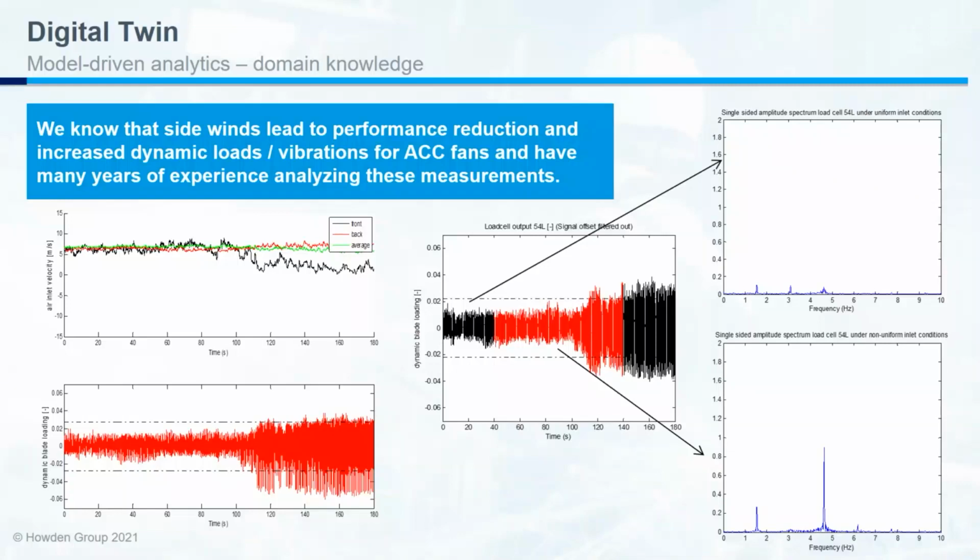What you see on the screen is the effect on the loads of the blade as the wind increases. Typically side winds lead to distorted inlet airflow, which you can see on the top left of the screen. This leads to increases in dynamic blade loading and also vibrations. On the right, you can see that the increase in blade loading due to a distorted inlet airflow can be seen in the spectra, so in the FFTs.